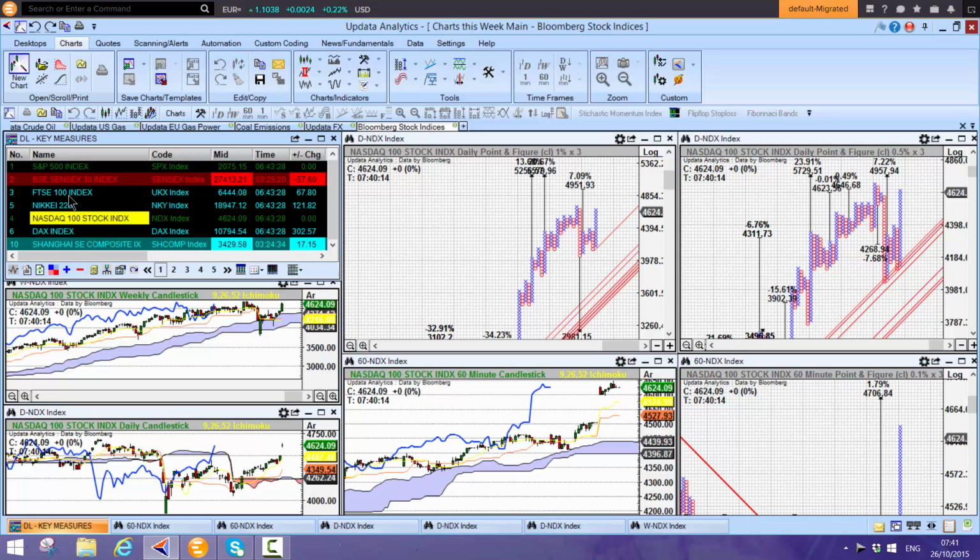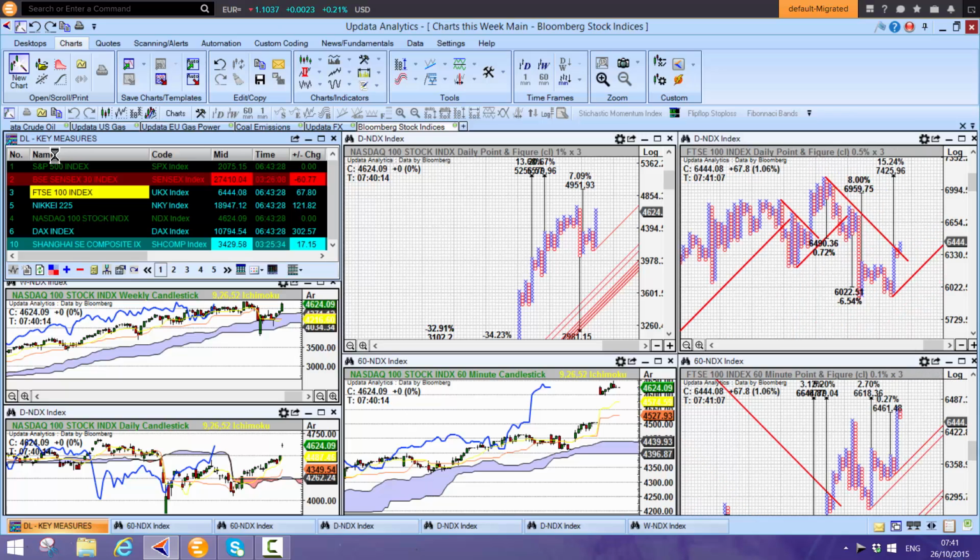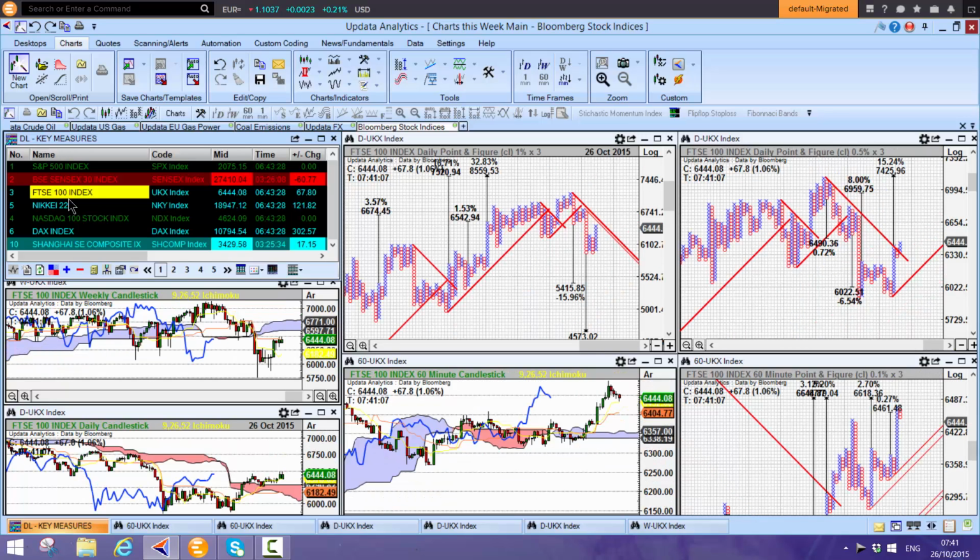If we look at FTSE, FTSE wasn't quite as strongly performing last week as the US market. We see here on the weekly we just had a small move and we're below the cloud on the weekly. That's heavily laden with oil and mining stocks, which is really what's pushed FTSE below here. We are seeing a recovery on the price on the daily, and on the 60-minute we're above.